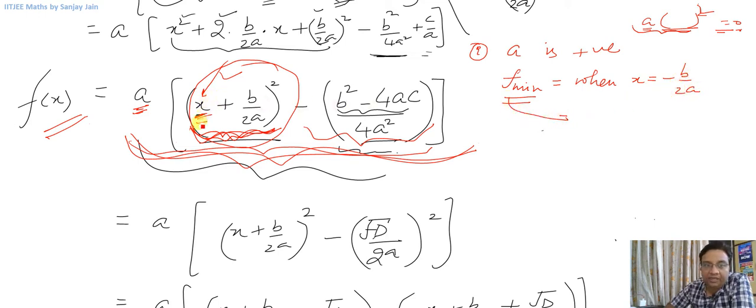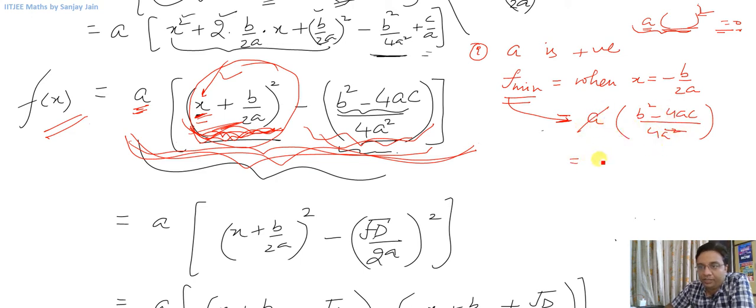When x is minus b by 2a, this bracket will become 0. So the value will be a into, this is 0, so I am not considering this. So this expression equals a into b square minus 4ac divided by 4a square, that is a, 1 a will be cancelled.